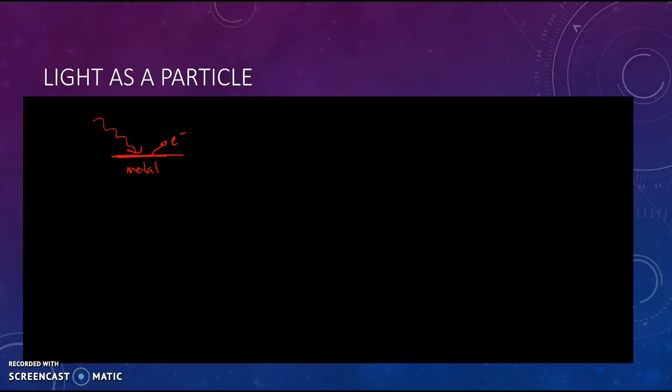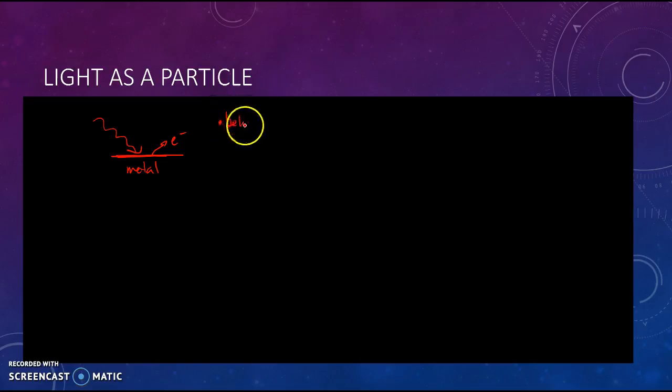Now, here was the issue. According to classical physics, if light was just a wave, we can make this happen with any color of light that we had, because energy is related to how bright the light is. So if you're working electrons, you just made the light brighter. But what we found is that there was a frequency cutoff.